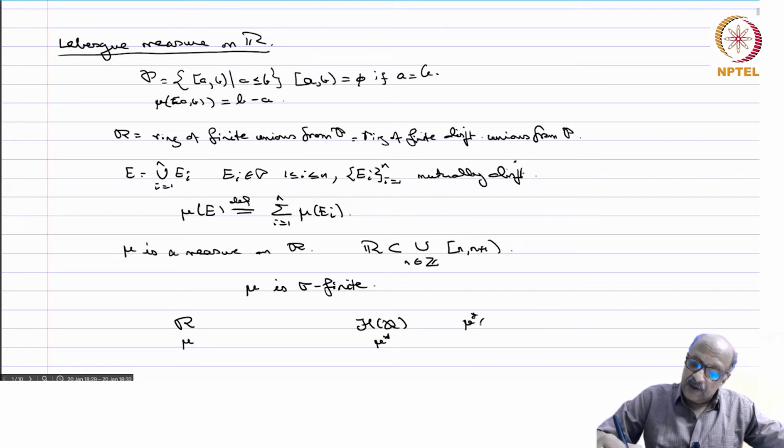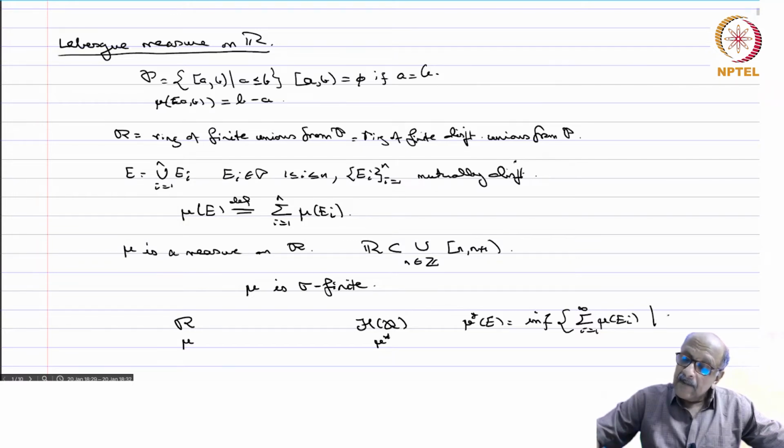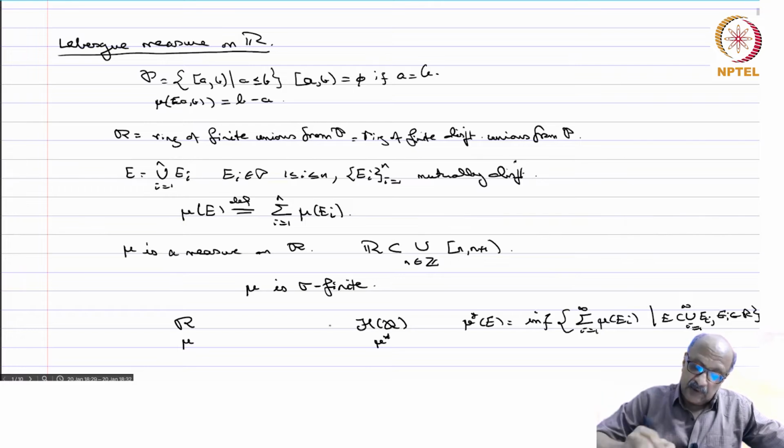So mu star of E equals the inf of the sum from i equals 1 to infinity of mu of E_i, E contained in the union of E_i, E_i in R. So this is the natural outer measure which we have, and then we would have the mu star measurable sets S, and there you have mu bar is a measure equal to mu star, and then we saw that it also contains S(R).